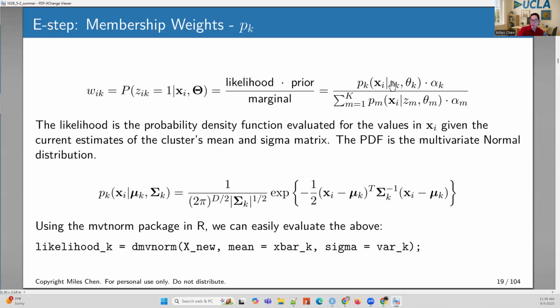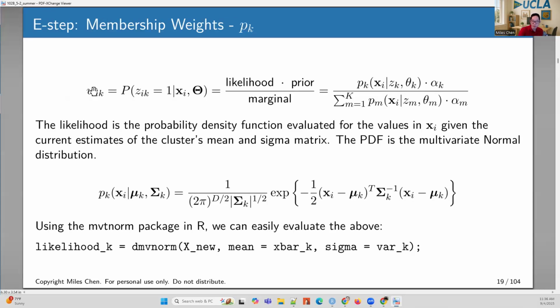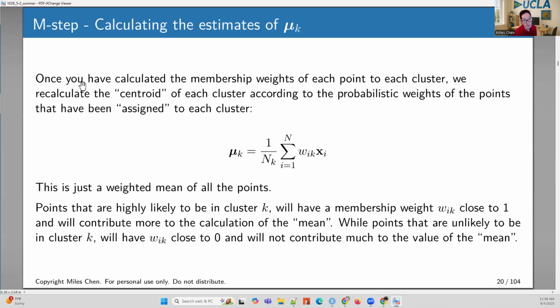So we have a way to calculate our likelihood and a way to calculate our prior probabilities. We're going to take the product of those things, calculate it for all of the different classes available, and then we can update all of our membership weights. So we do that. We update all of the membership weights for every single point and all of the different clusters we have.